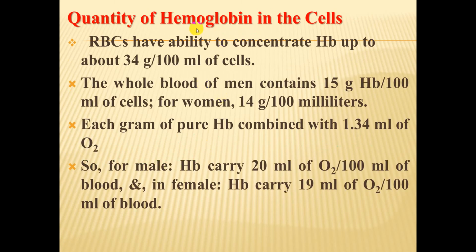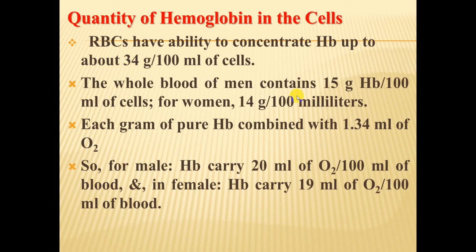Quantity of hemoglobin in cells. Red blood cells have ability to concentrate HB up to 34 gram per 100 ml of the cells. هاي يمثل أقصى إمكانيتها يكون concentration of HB هي 34.